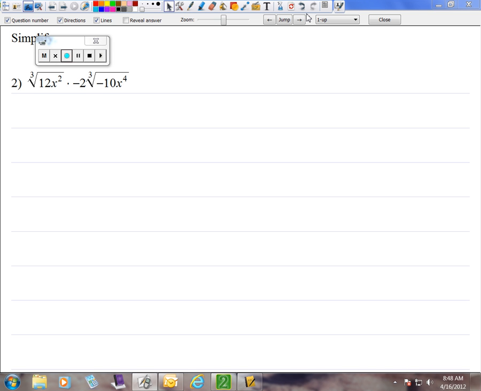Well, what is outside? What do you think's out there if there's not anything written? A 1. Does that make sense? Yeah, today's the 16th. And please do one step at a time. Multiply everything together, inside, outside, then simplify.